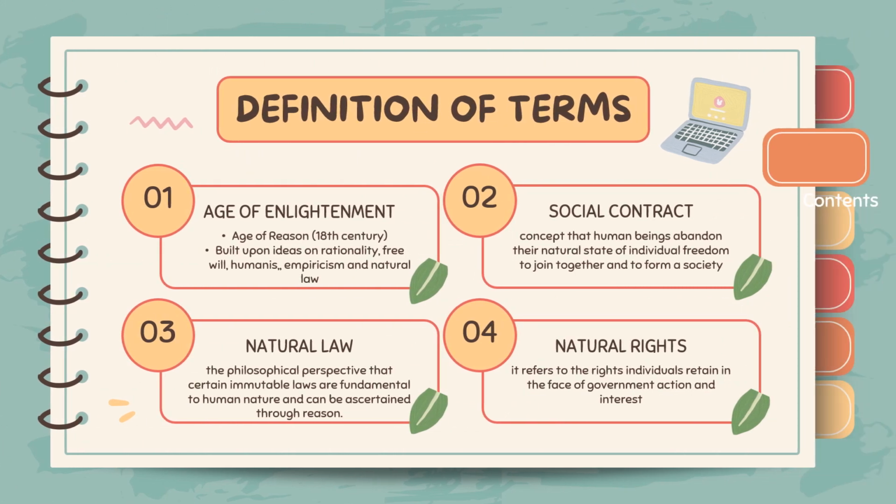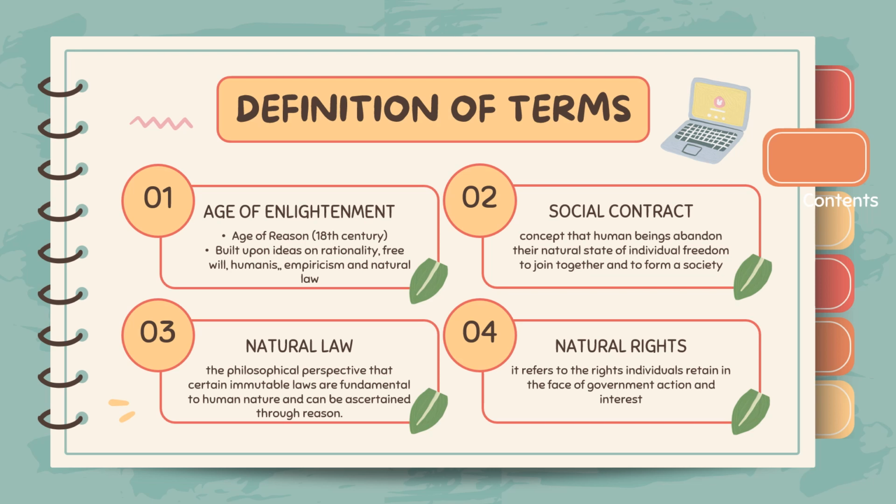When we talk about the age of enlightenment, this is the age of reason. So this is the 18th century. And in the age of enlightenment, here come the ideas on rationality and free will, which is the concept of the classical school.